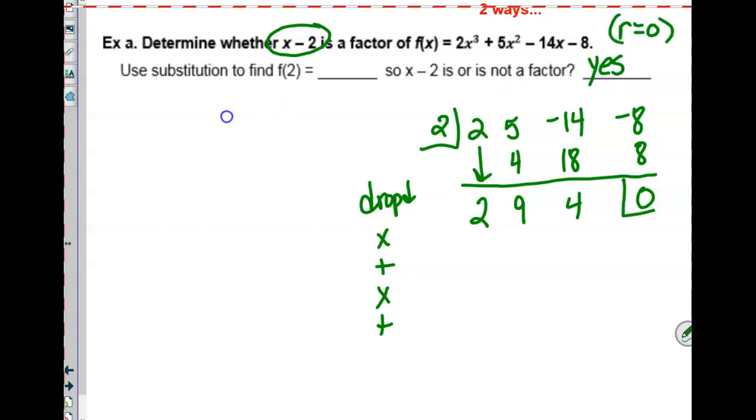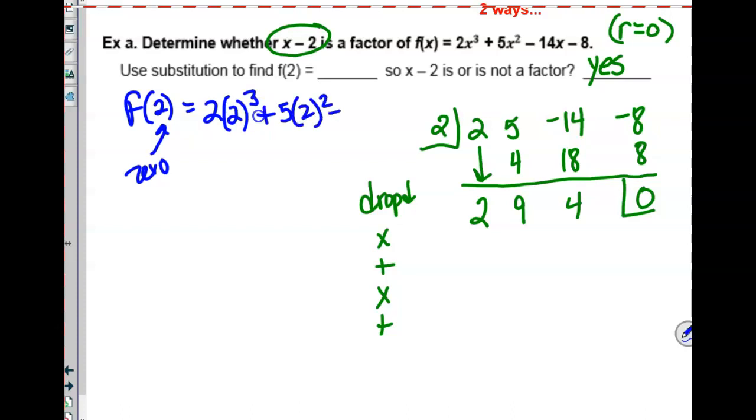The other way you could have done this problem is what they're trying to tell you here, you could have put a 2, which is the 0, into the original polynomial. Somebody type, please. 2 times 2 cubed plus 5 times 2 squared minus 14 times 2 minus 8. Now do you see why the synthetic might have been easier?